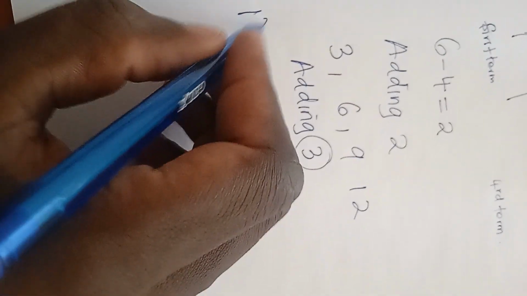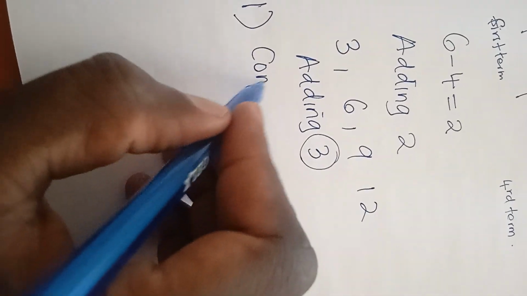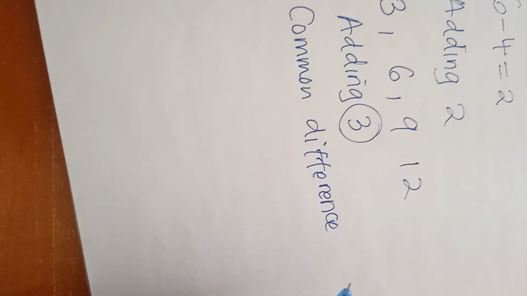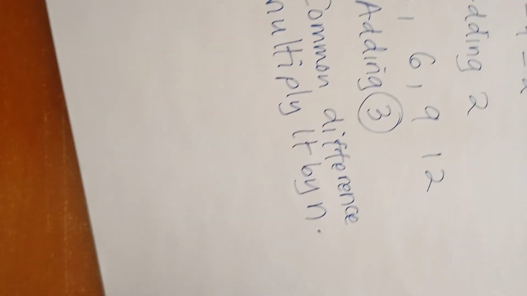So we have at least 3 rules that help us to find the nth term. Rule number 1: all you need to do is find the common difference. To find the common difference, subtract the first term from the second term. After you've gotten that, you multiply it by n. By the way, n here just represents the number of the term.